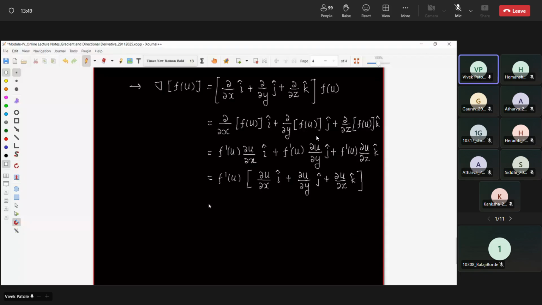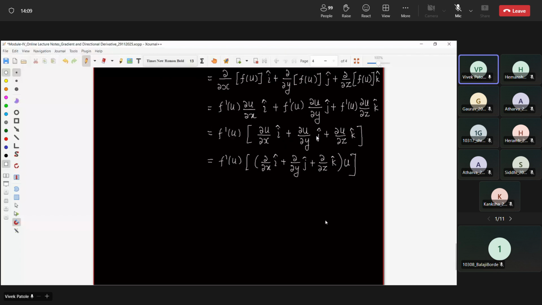this is equal to, now how can I write this expression? I can write it as f dash of u into (∂/∂x i cap plus ∂/∂y j cap plus ∂/∂z k cap), and we have to operate it on u.